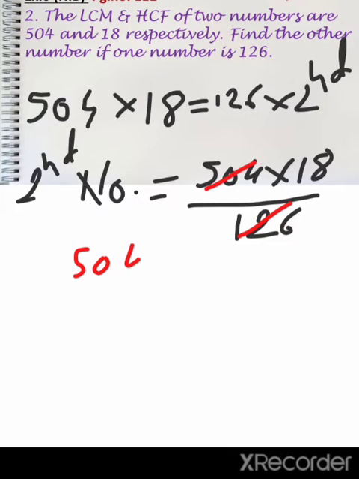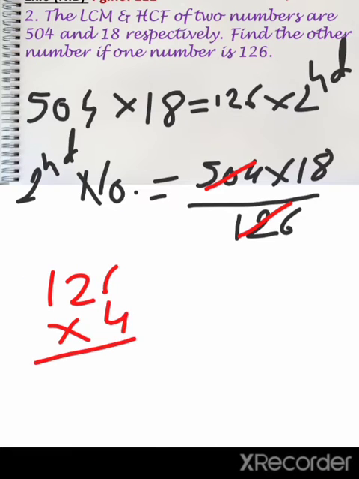What am I going to get? See, 504 and 126. If I multiply 126 by 4, 4 sixes are 24, 2 carry, 4 twos are 8, 2 is 10, 1 carry, 4 ones are 4 plus 1, 5. I'm getting 504.